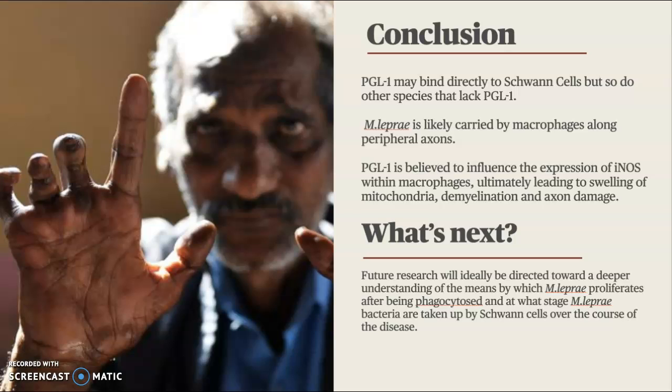Just like the previous experimentation has shown, it is obvious that M. leprae is taken up by Schwann cells, but we're not really clear as to when that occurs or how M. leprae proliferates. Does it proliferate after the oxidative burst of the macrophage, or is there another means by which it does that, and is PGL involved in that process as well? That will be great to see in future research.